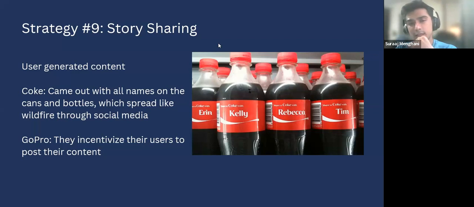Surf Excel, maybe. So on this last one, I'm not so sure because I don't know the strategies of IKEA when it comes to story sharing.